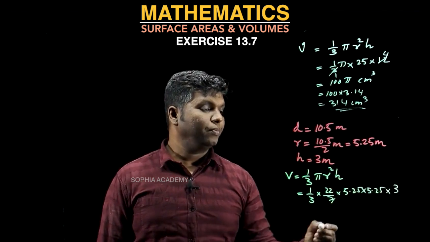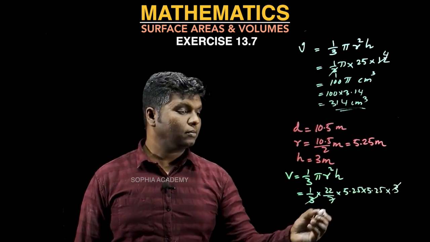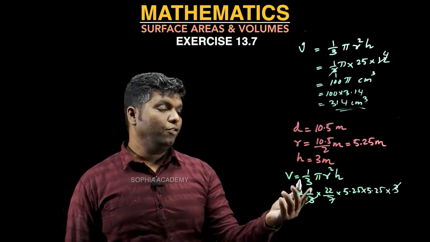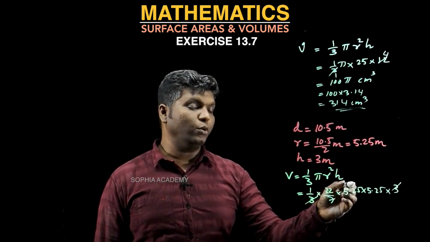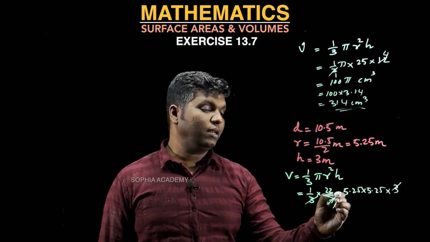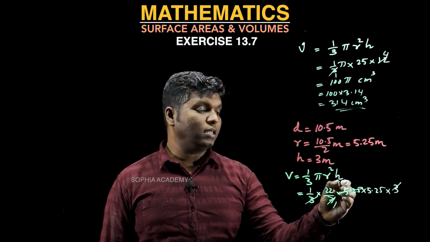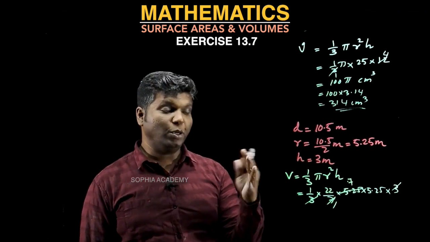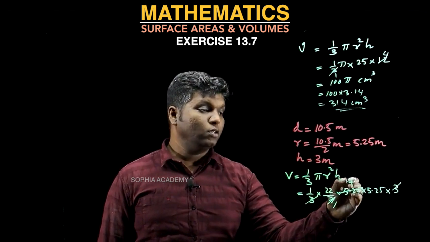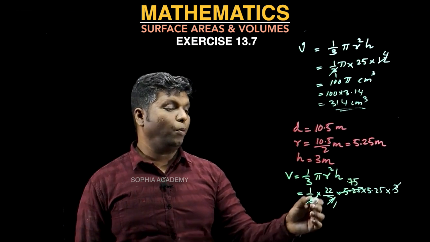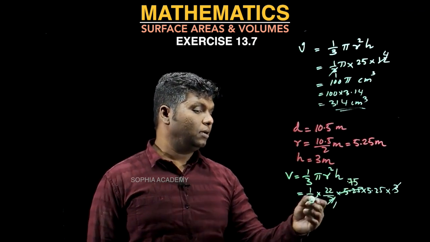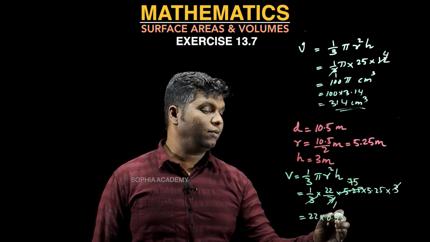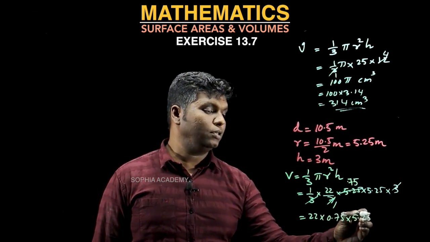It is 3. 3 and 3 will get cancelled. 7 and this one, 7 7s are 49, 50, 51, 52, 3 more remainder. 7 5s are 35. So you will get 0.75. Nothing is remaining there. So you will get 22 into 0.75 into 5.25.